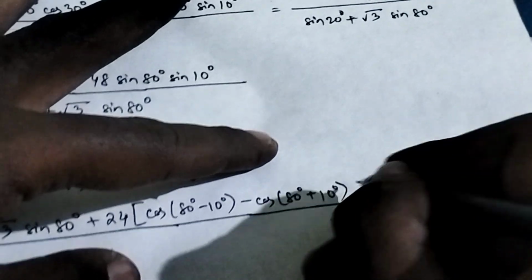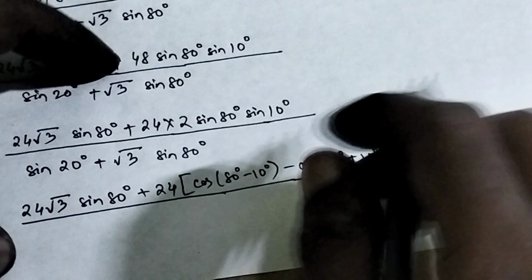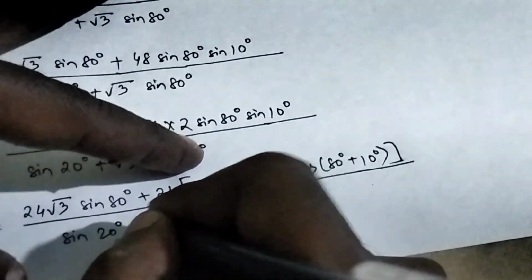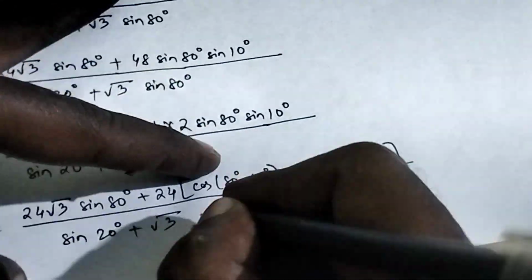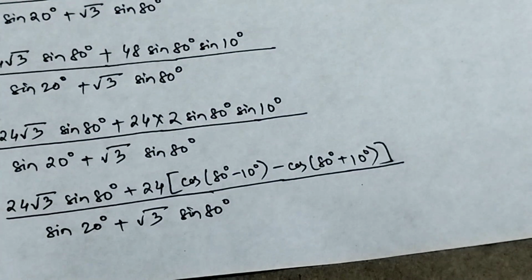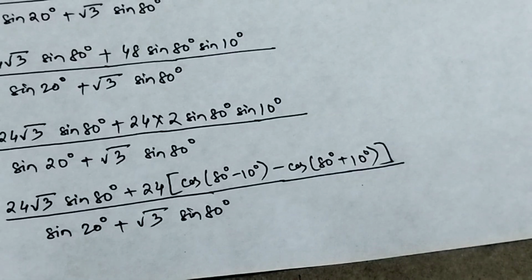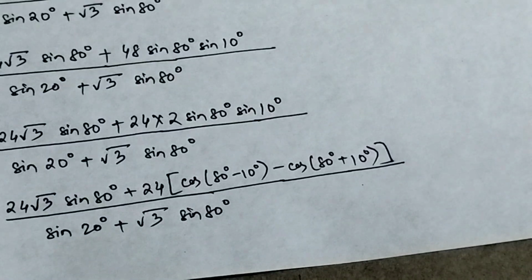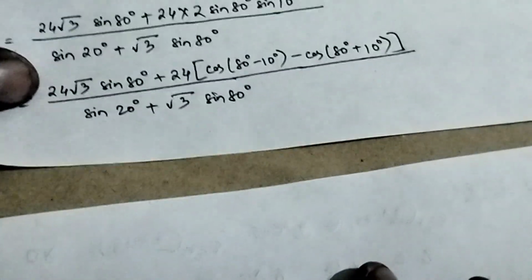And in the denominator, sin 20° plus root 3 sin 80°.